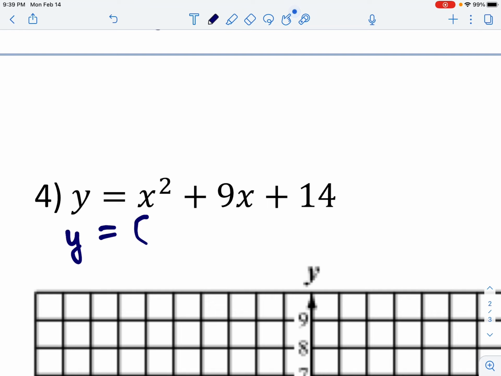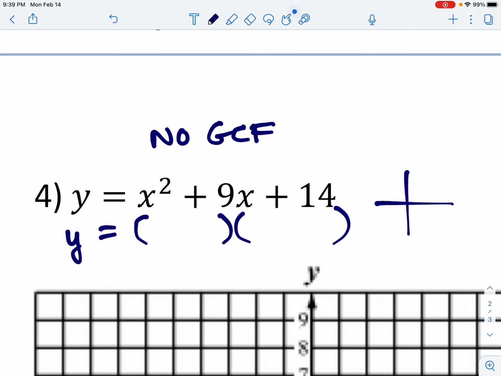This doesn't have any greatest common factor, so there's nothing that we can factor out first. So we can just find our two factors of it. Remember, we need numbers that multiply to get 14 but add to get 9. So we have 7 and 2, and that works. x plus 7, x plus 2.